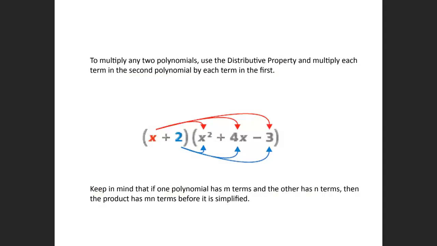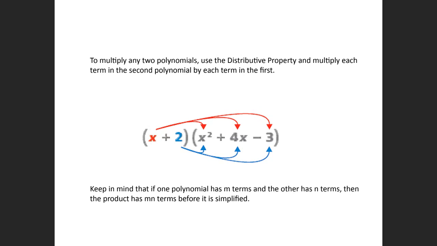And here's an example. If I multiply this out, we're using the distributive property. It can be more than two terms, and 3 terms here, but I just multiply the first term, x times x squared, x times 4x, x times negative 3, and then I would multiply the 2 times x squared, 2 times the 4x, and 2 times the negative 3.